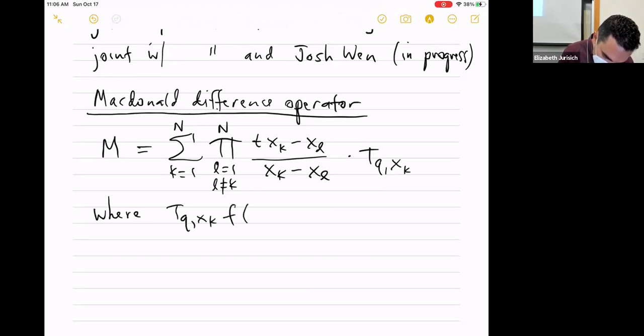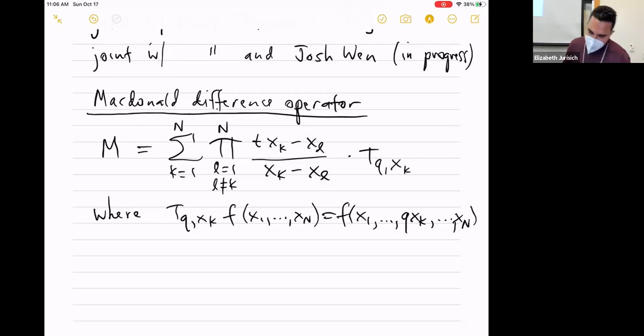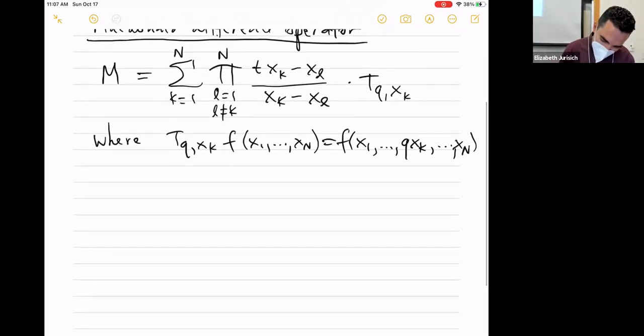I take a function in n variables and I shift the kth variable by q. So if you like, you can think q is a non-zero complex number, say, and t also. Or you can think it's like an indeterminate, like an abstract parameter. Okay, so this is an analog of derivative, and this is an operator, and it preserves this space of symmetric polynomials.